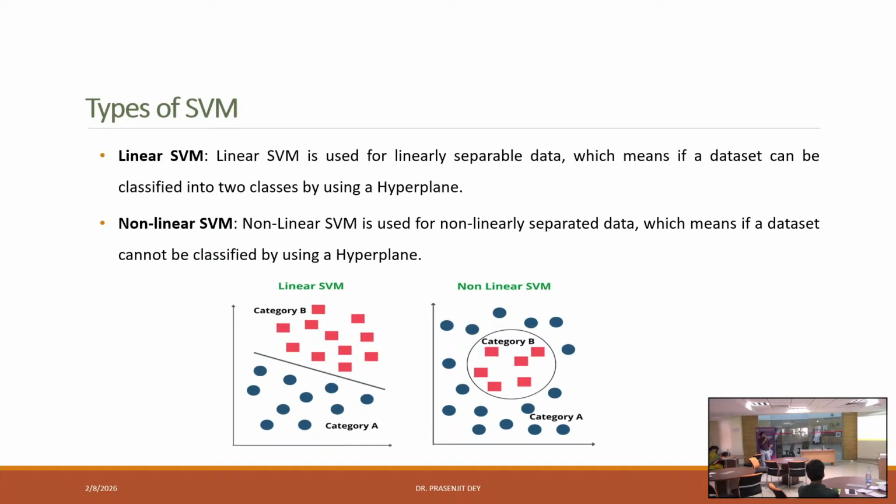Nonlinear SVM is used for non-linearly separable data, which means the data cannot be classified using a hyperplane. In this case, you cannot draw a line to separate them, so you need a quadratic decision boundary, in this case x squared plus y squared, a circular decision boundary, to separate them.